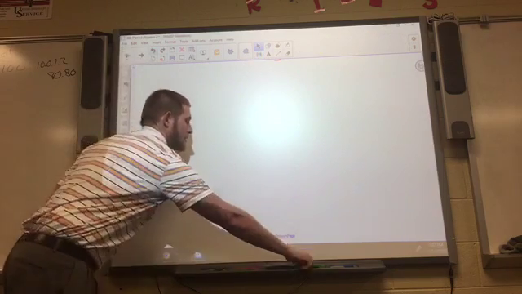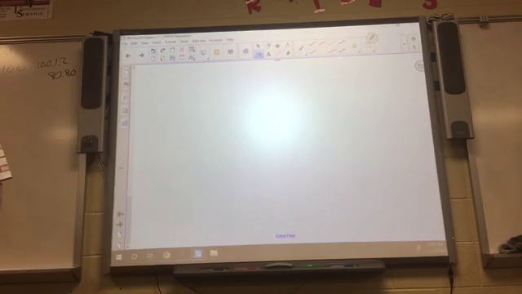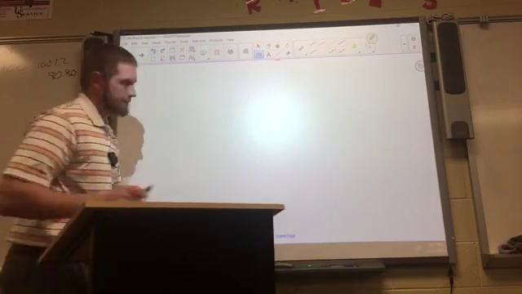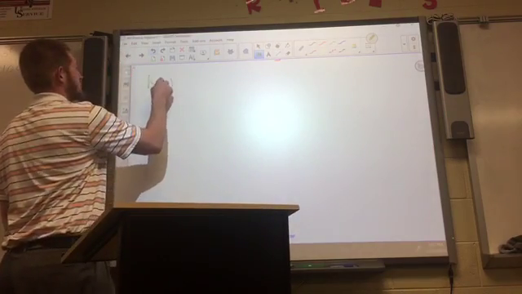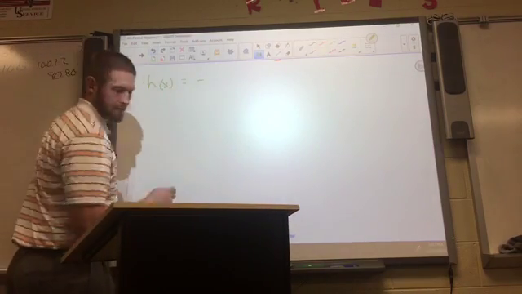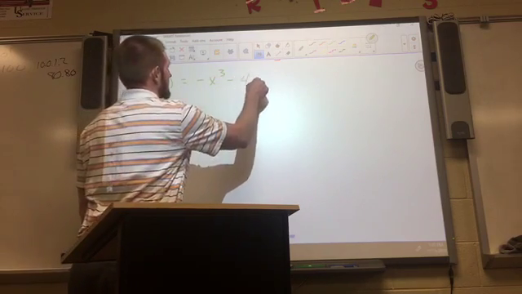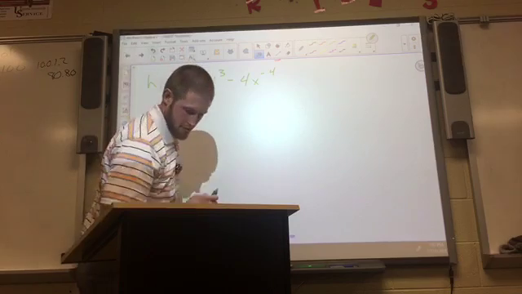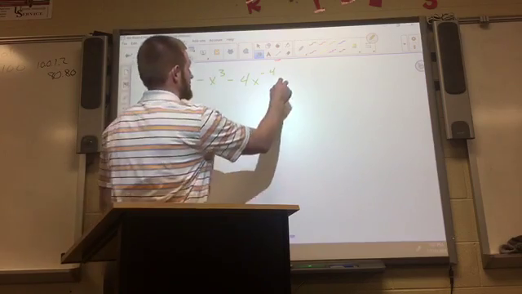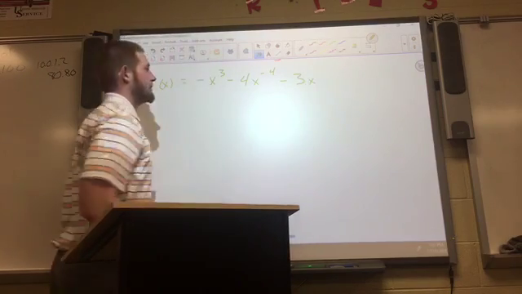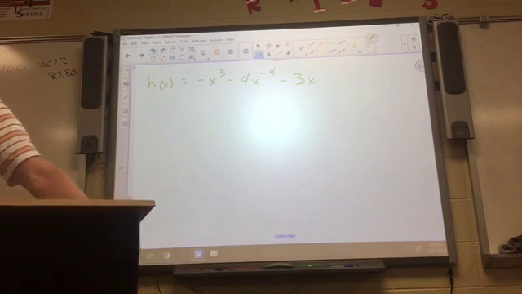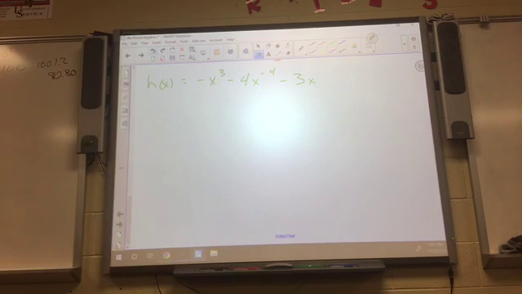Okay. Next one, they give me h of x equals negative x cubed minus 4x to the negative 4th minus 3x. Polynomial, not a polynomial? Not a polynomial. You can't have a negative degree.